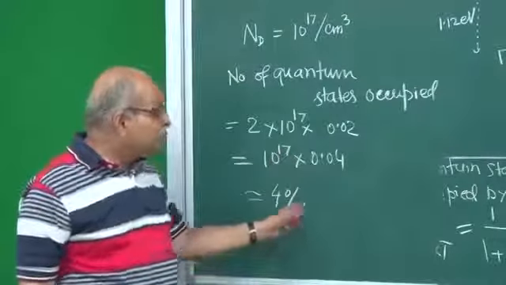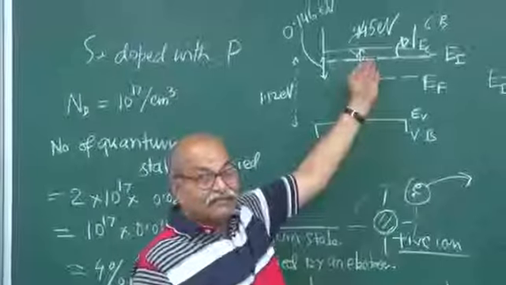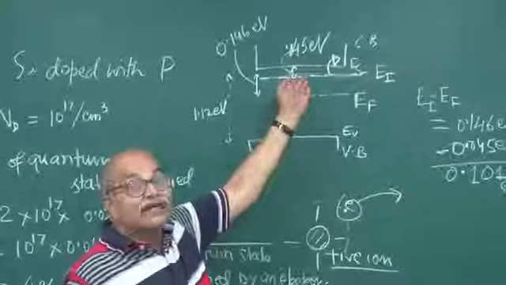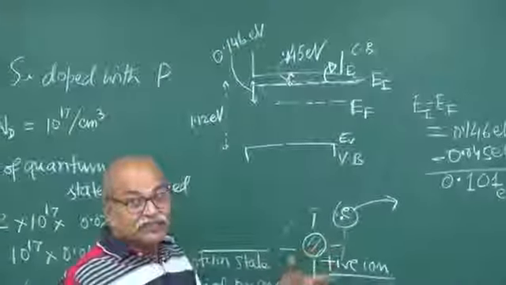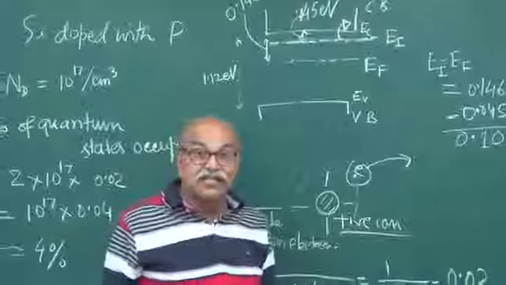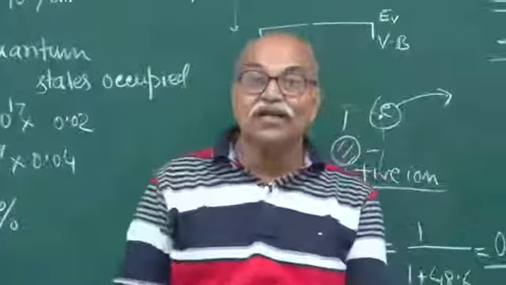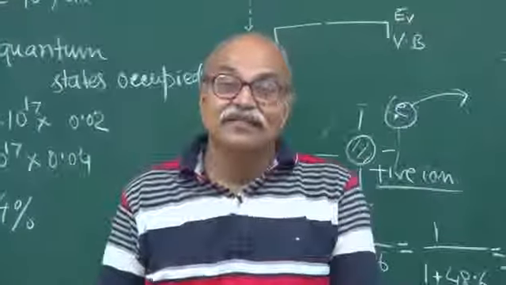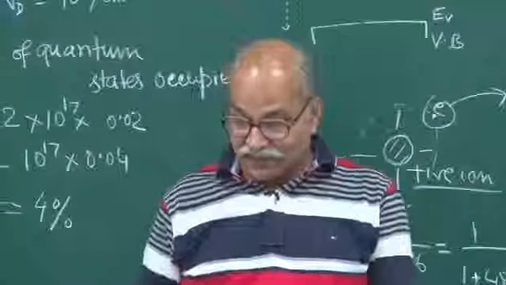So those many electrons are still here in the impurity level. And if the electron is here, that means the donor atom is not ionized. That electron is still here. So the fraction of these donor atoms which are not ionized is 4% only. 96% have already ionized. That is this question.